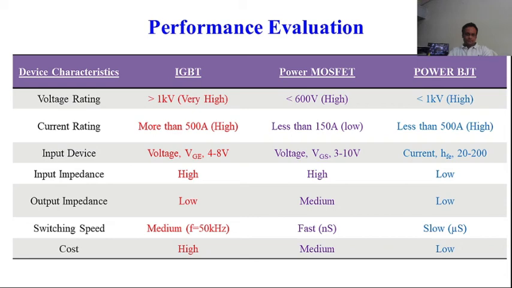The lowest switching speed we are considering for the BJT here in this table. Cost is somewhat higher for the IGBT in comparison to the BJT and power MOSFET. For the power MOSFET cost is medium and the BJT is low.